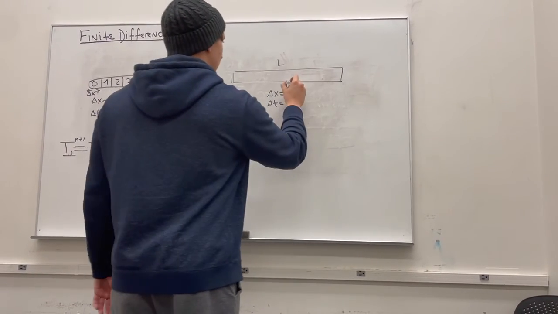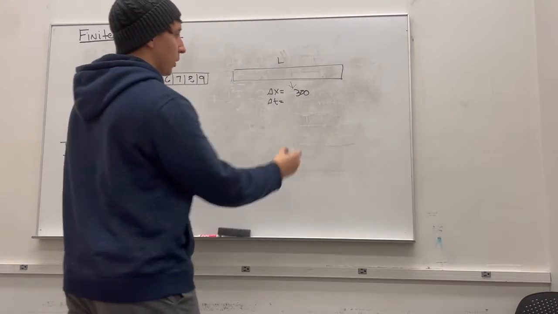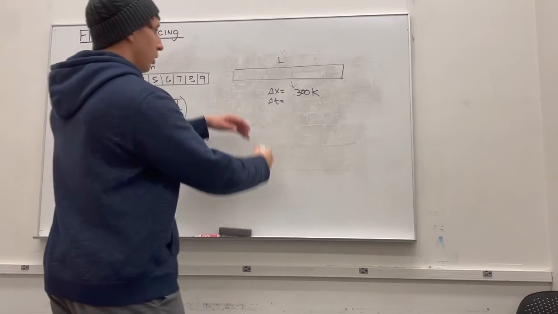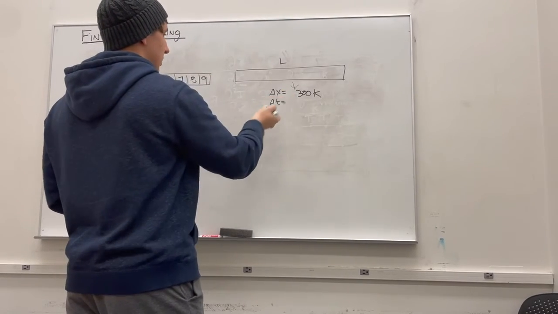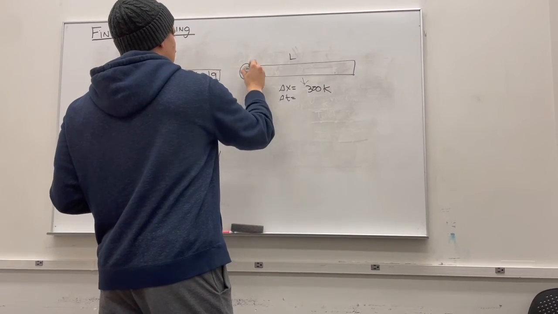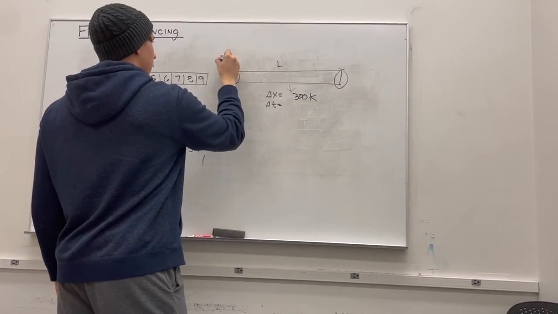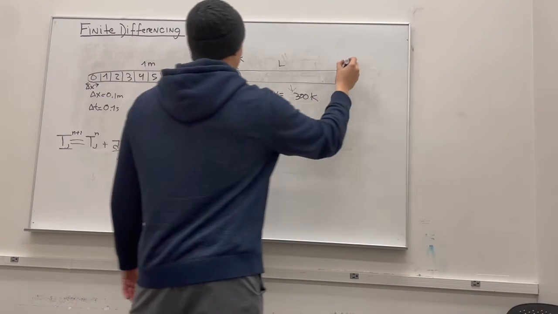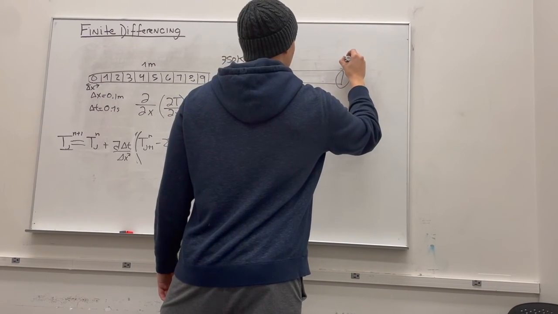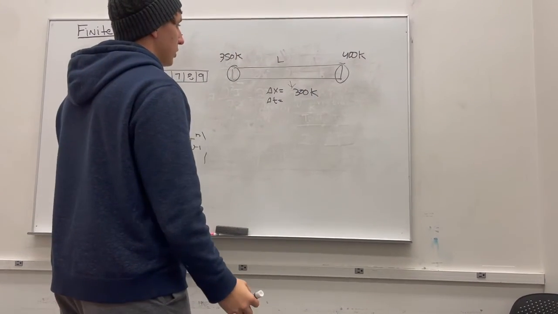So basically, if we had this bar and it was at a uniform temperature of 300 Kelvin, and let's just say, okay, well, that's what it is for now. So we can say at this end, right here, we're going to introduce 350 kelvins through conduction. And over here, we're also going to introduce 400 kelvins through conduction.